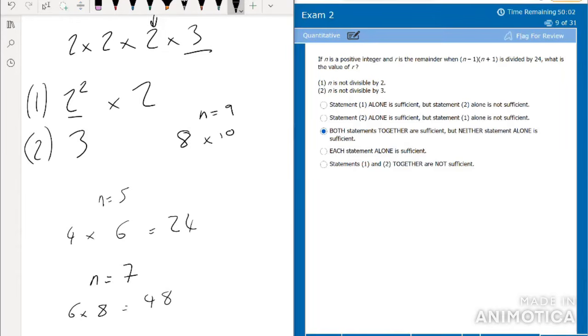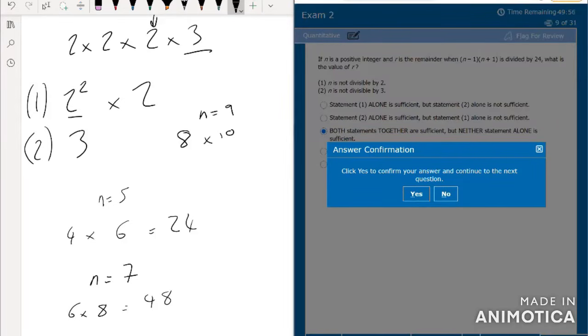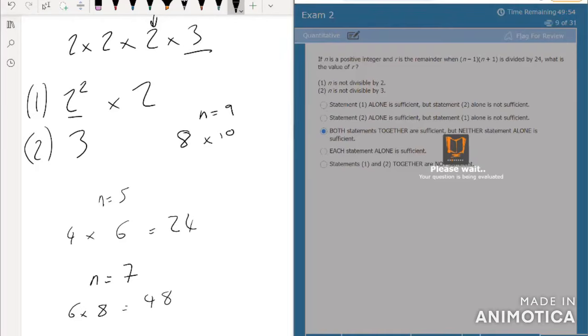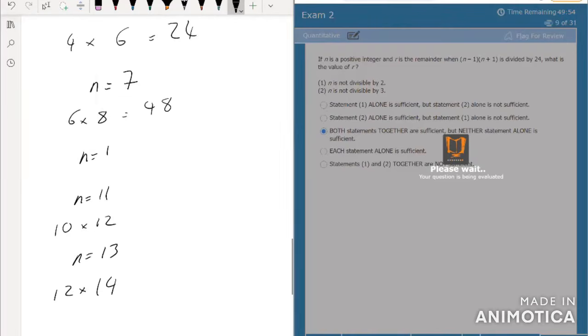So both together are needed. Good. So just a good example of using the extra time saved to check when you're not certain.